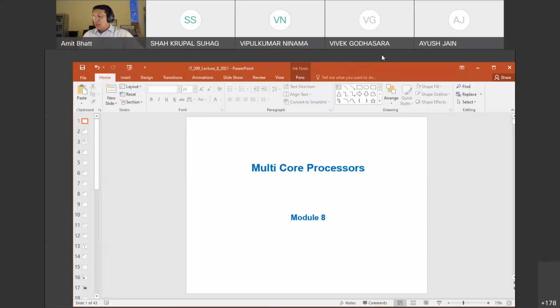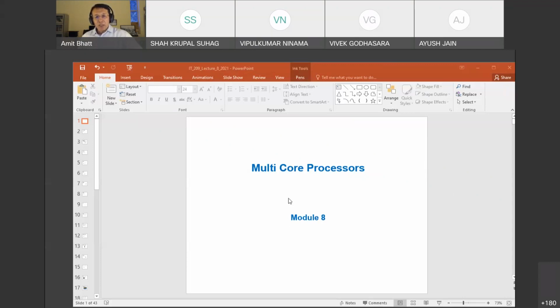So in fast computers which were used by IBM in the 70s, what they used to call mainframe computers, they used to talk about something which is known as multi-processor units.